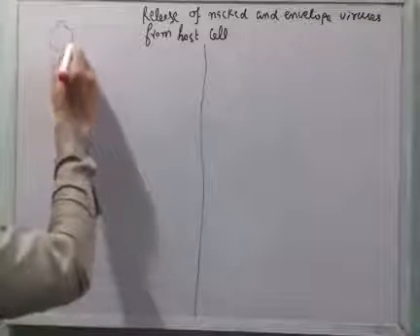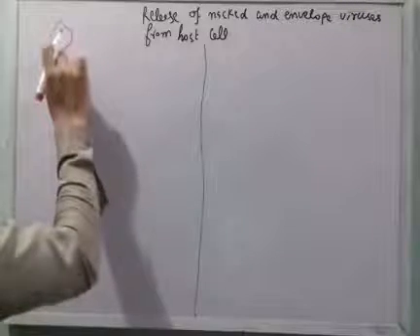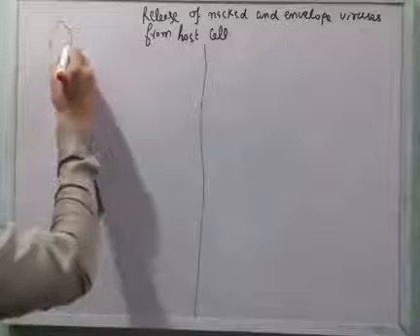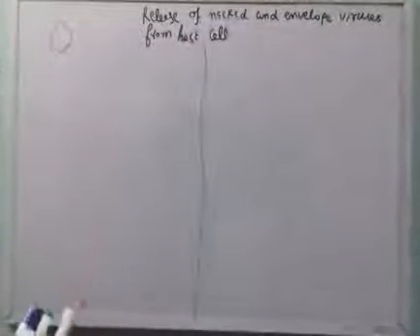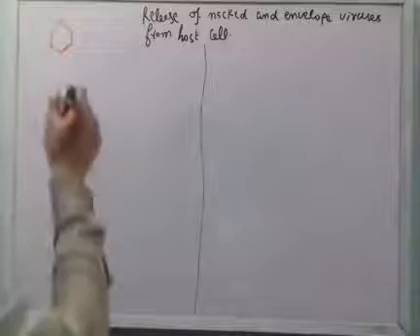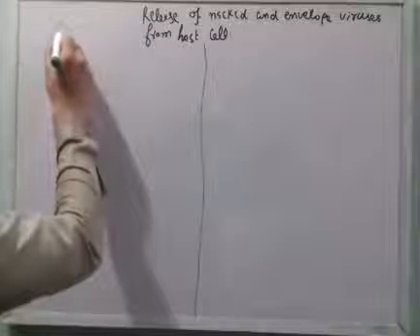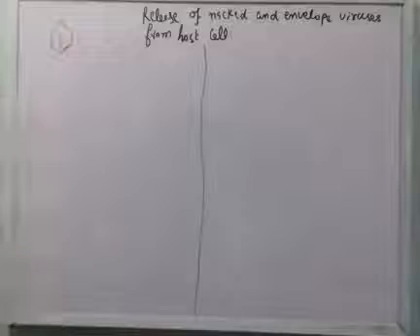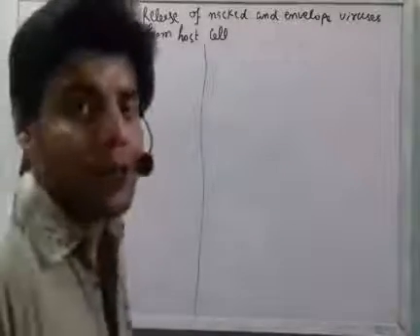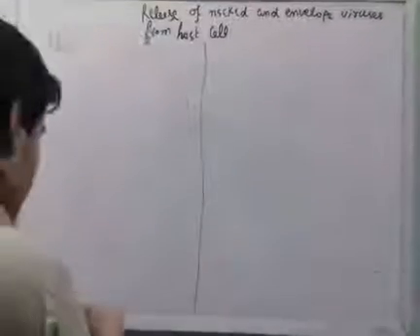Let's suppose this is a virus. This area is called the capsid, and inside this capsid they have the genetic material. This green one represents, let's suppose, the genetic material, RNA, DNA, any kind of genetic material. Okay, now what happened?